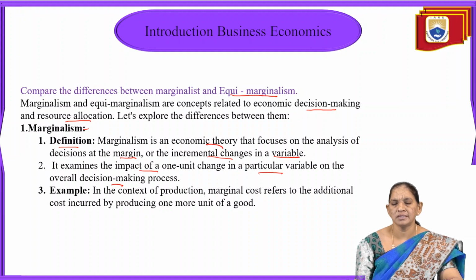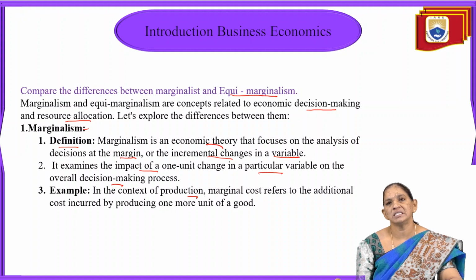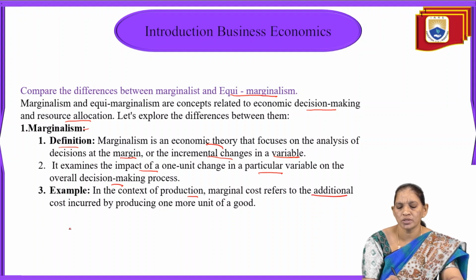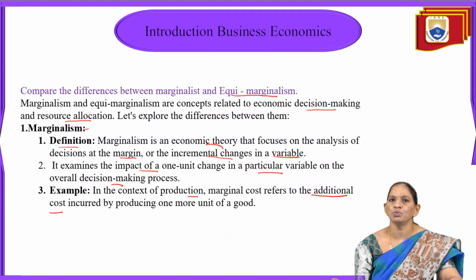For marginalism, we can give a definition in the context of production: marginal cost is the additional cost incurred by producing one or more units of goods. The example of the marginalism concept used in different economic theory is marginal cost, or variable cost, which is quantified as the cost per unit of goods and services to be produced.